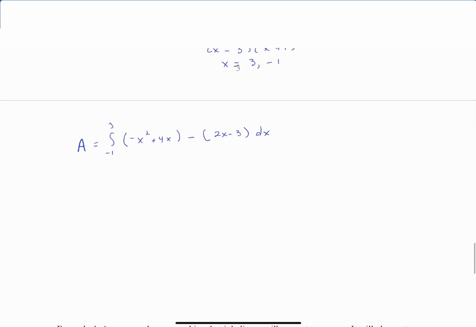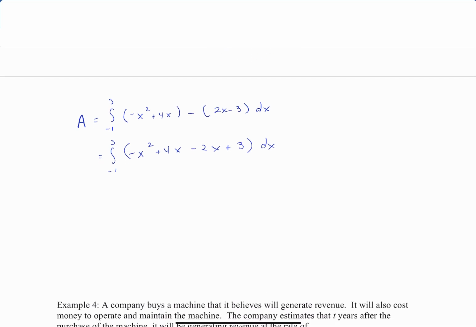Let's simplify our integrand. So integral of negative 1 to 3 of negative x squared plus 4x minus 2x plus 3 dx. And we can combine like terms to get the integral from negative 1 to 3 of minus x squared plus 2x plus 3 dx.